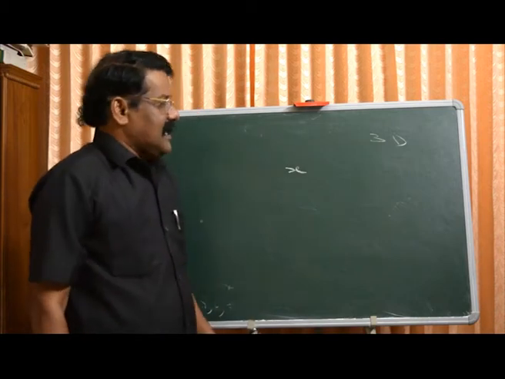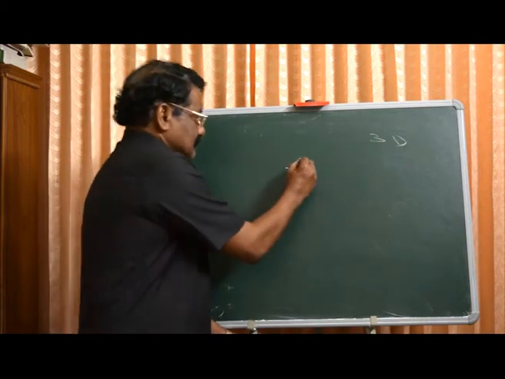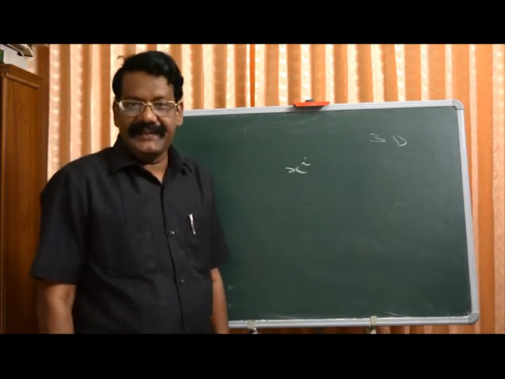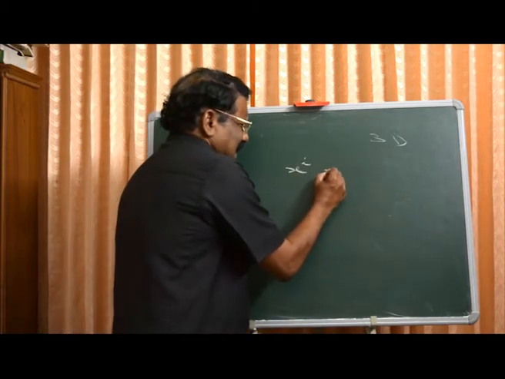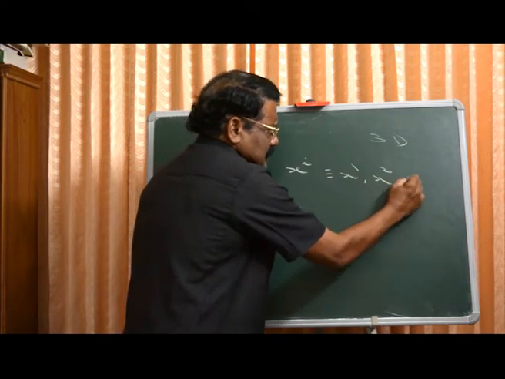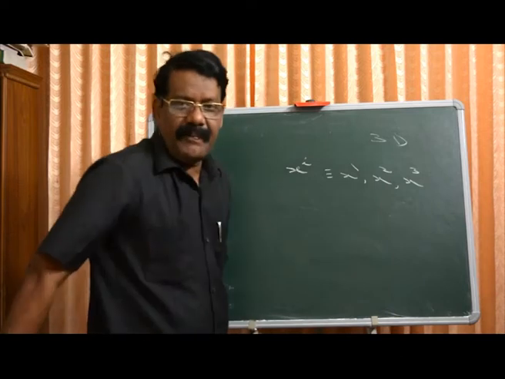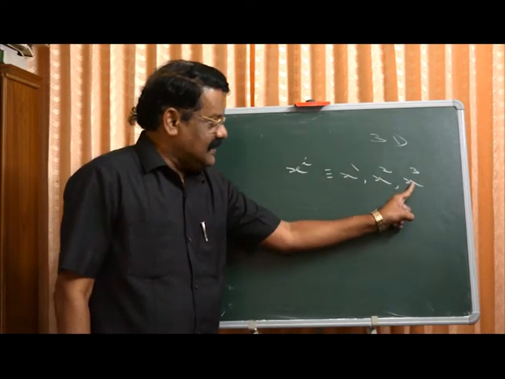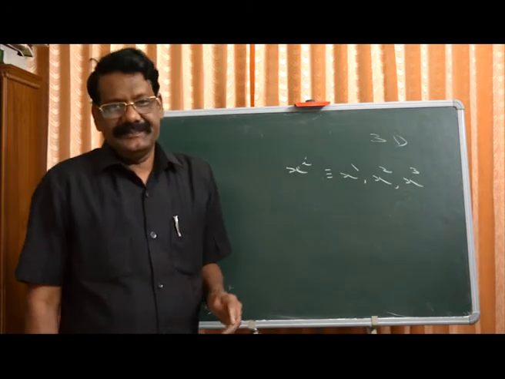For example, I am considering this as x superscript i, indicating x1, x2, x3, 3 coordinates. Actually, this is x coordinate, this is y coordinate, and this is z coordinate.